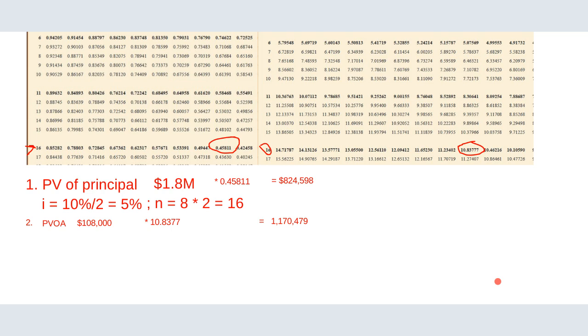If I'm the corporation issuing these bonds, then I'm going to sell these bonds at 1,995,077. All right, so that's the issue price.